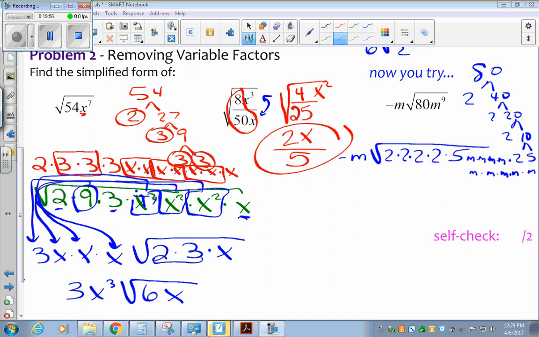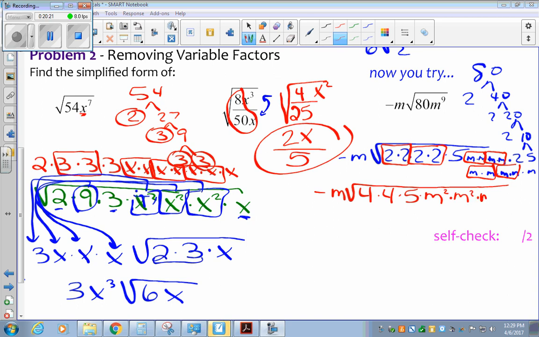So let's pair together these guys here, these guys here, and 4 pairs of m's. 4 times 4 times 5 times m squared times m squared times m squared times m squared times 1 lonely m on its own.